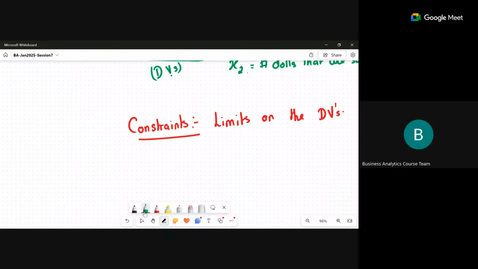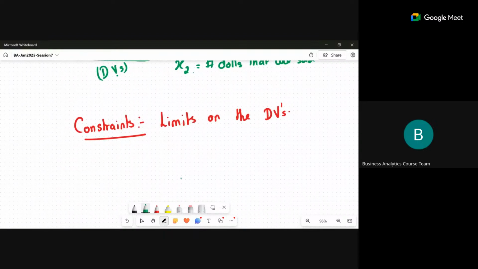So a constraint is basically a limit, which means it is going to have an RHS and an LHS. And this RHS and LHS are going to be related either as less than or equal to, or as greater than or equal to.